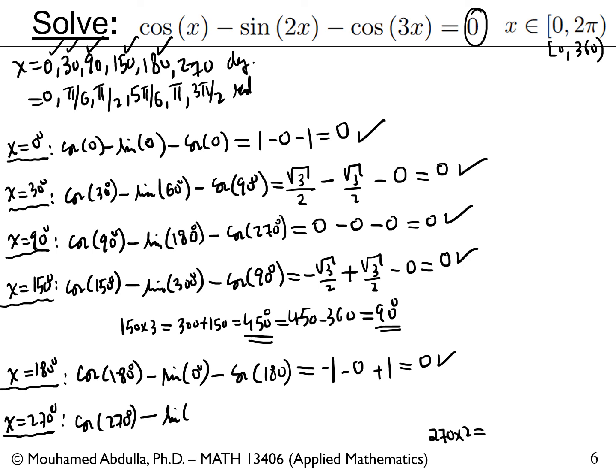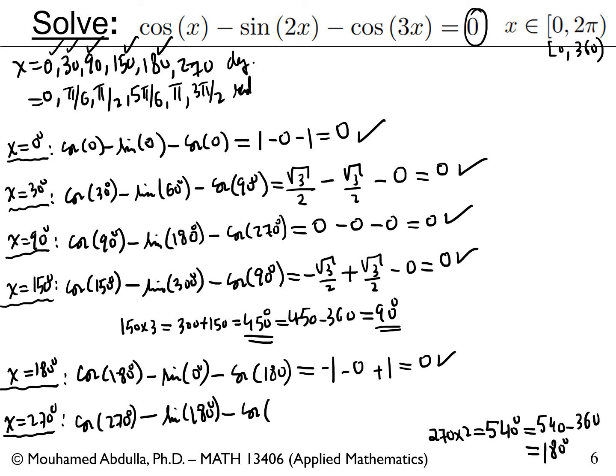This gives us 540 degrees. If I remove the excess revolution, 540 minus 360, this is equal to 180 degrees. So I could write it as sine of 180 degrees minus cosine of 3 times the angle.